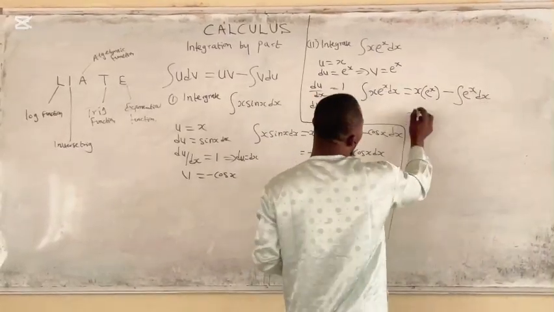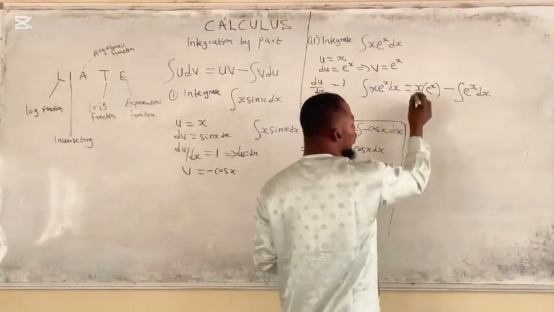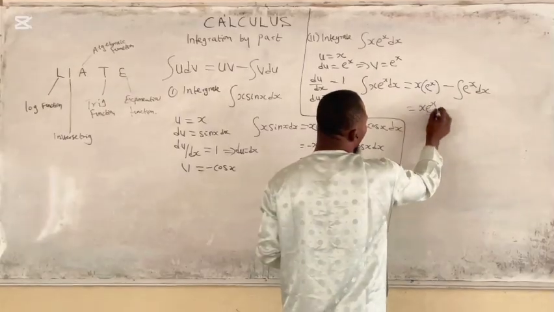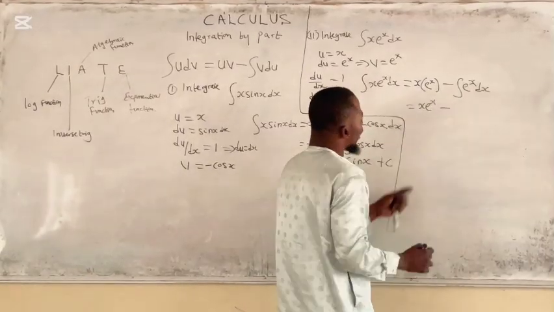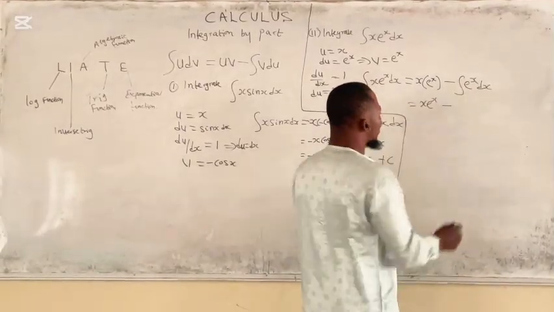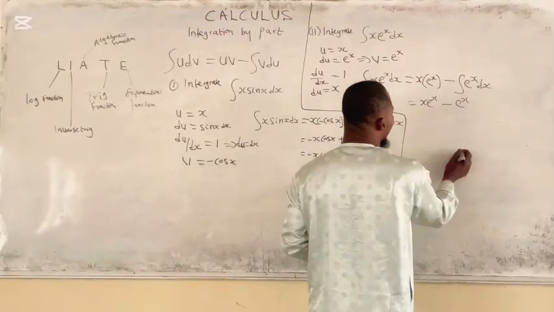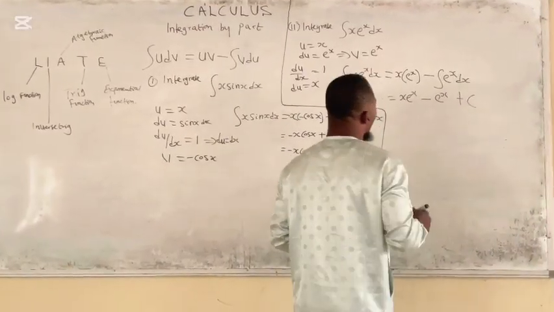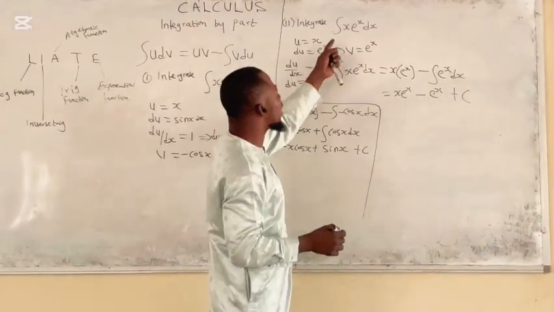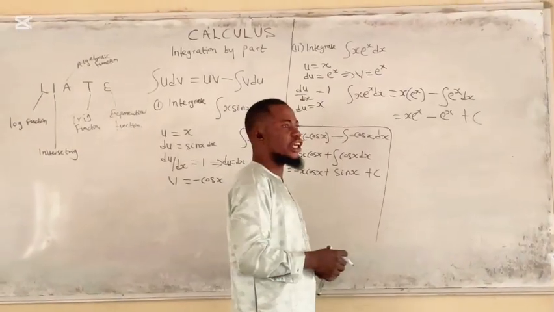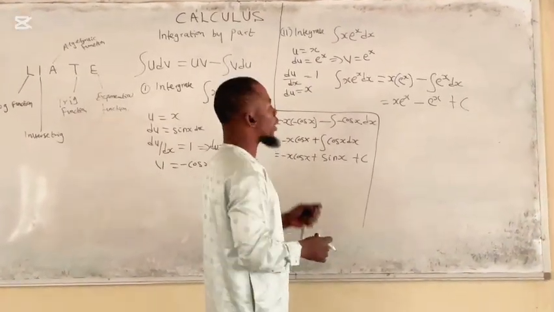So from here, x multiplied by exponential x will be having x exponential x, then minus the integral of exponential x is still the same thing as exponential x plus c. So that is the integral of x exponential x dx using integration by parts.